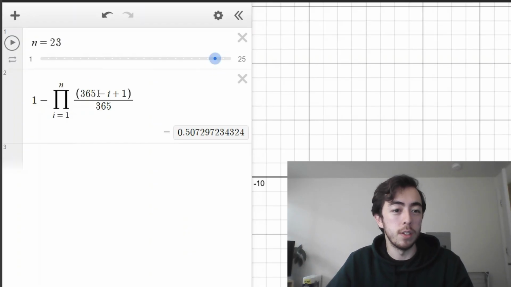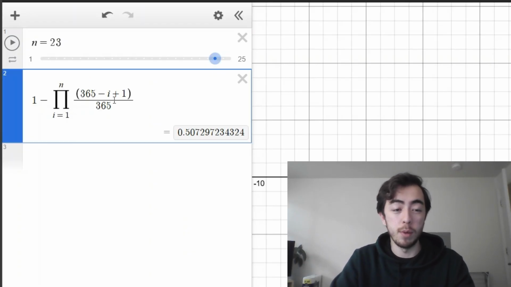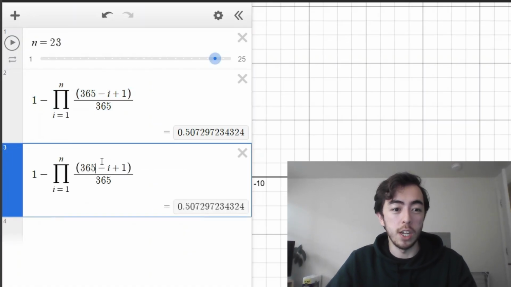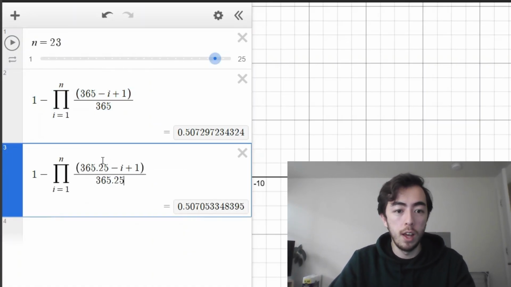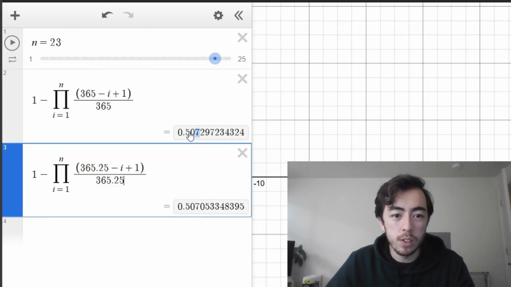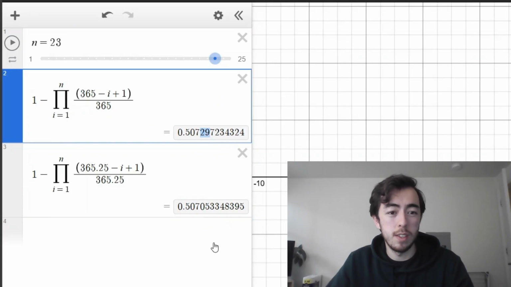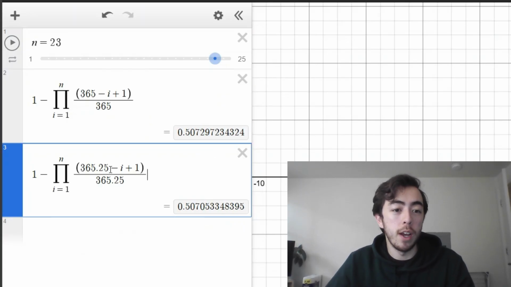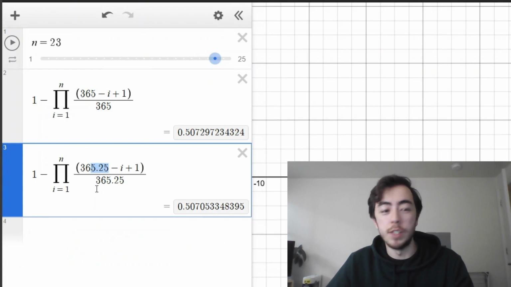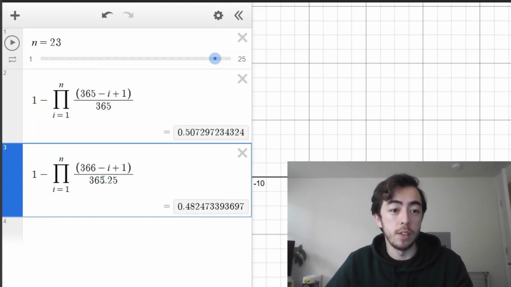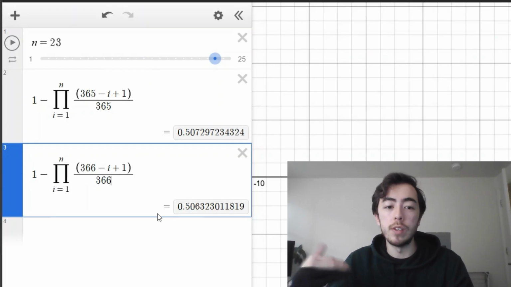Now, I think it'd be interesting to try to plug in that 365.25. Let's see if this actually changes the value all that much. Not really. The first 3 decimal places are the same, and then our 4th decimal place is only off by maybe 2 thousandths or 2 10,000ths there, so not much. And then if we tried the upper bound idea of just plugging in a 366, just assuming that the leap day birthday is as common as the rest, we still do get a value over 50%.